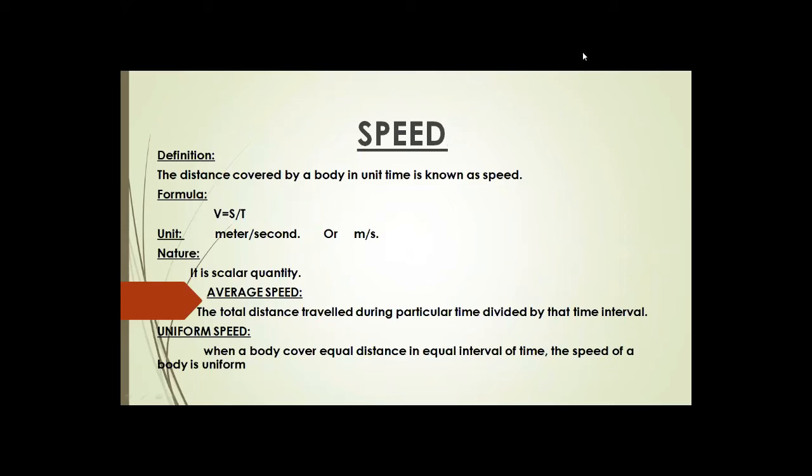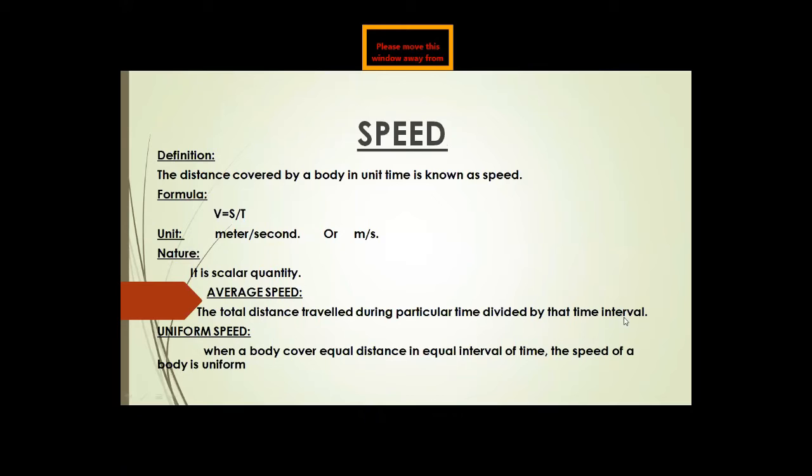Now, the second one, average speed. In mathematics, we have learned that average means the total quantity divided by number of quantity. So average means the total distance traveled during particular time divided by that time interval.